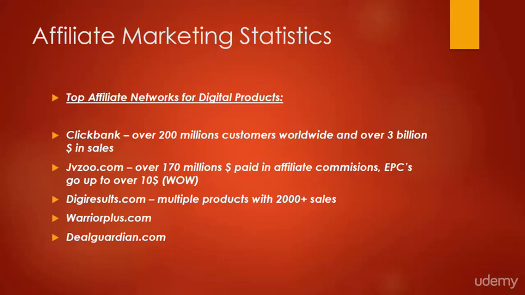ClickBank is an overall, general marketplace for digital products, but it's still the largest in the world. Just having a look at these statistics, I know you are amazed. I was too when I first saw this, because it clearly shows the potential of this market. So it's a pity not to have a small part of this market as an affiliate.